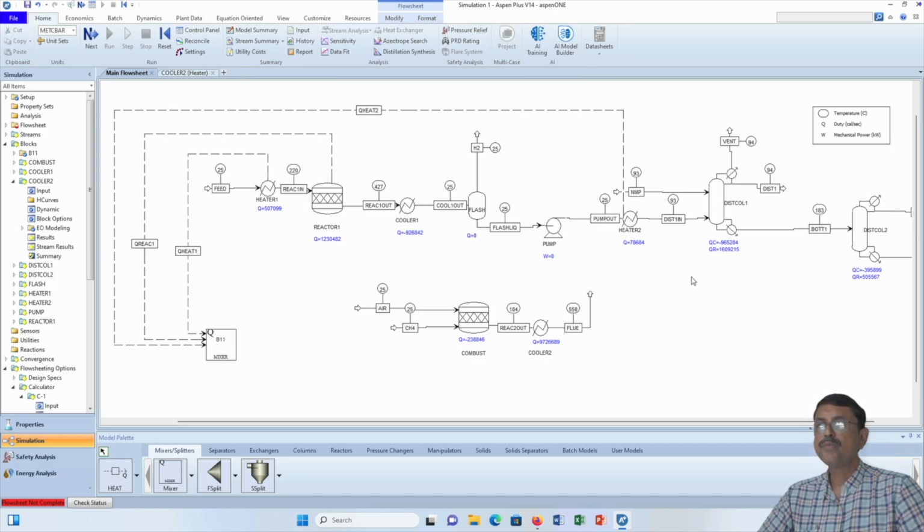And we have two more heating possibilities. There are two reboilers over here, so that also we collect.